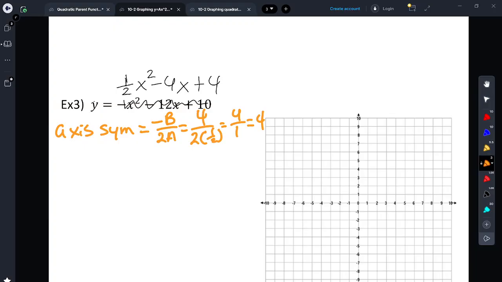You get 4? Half of 2 is 1, right? Why is it 4 and not negative 4? It's the negative of b, so it's the negative of negative 4, which is 4.